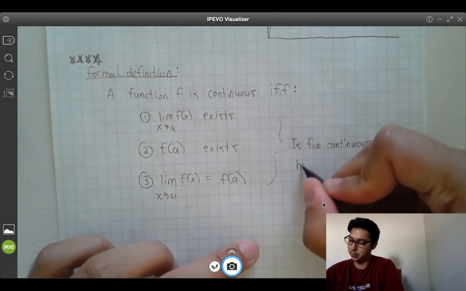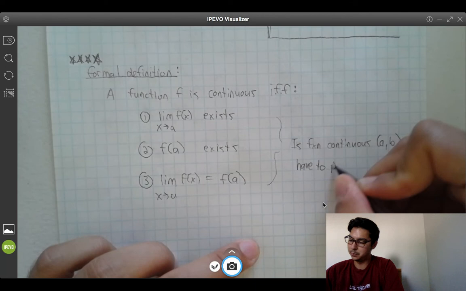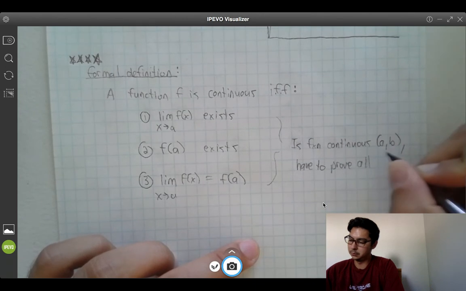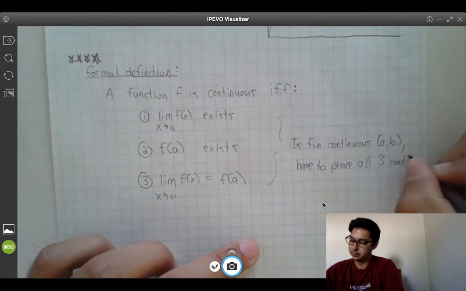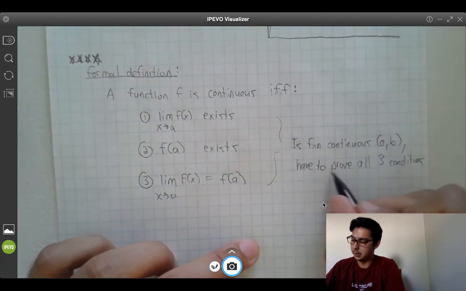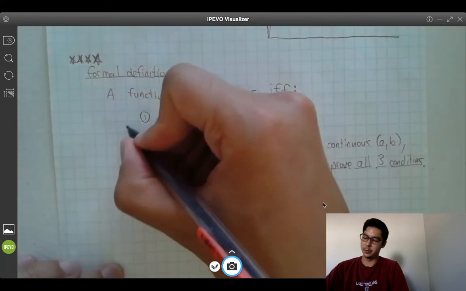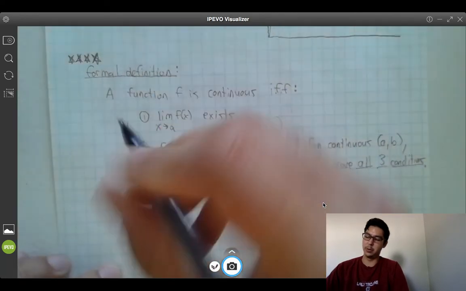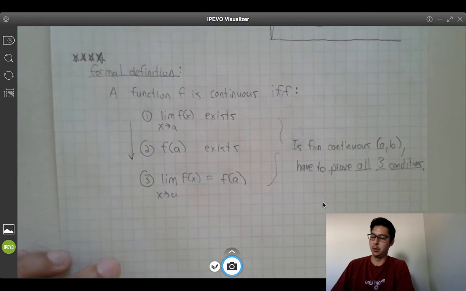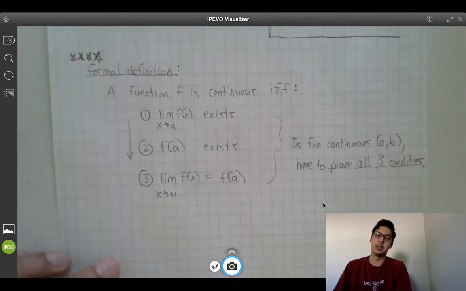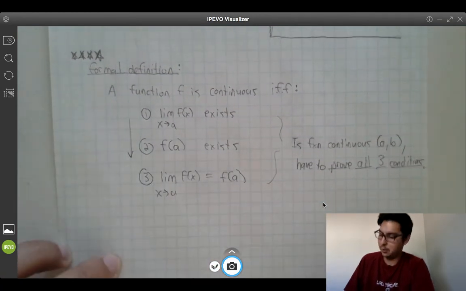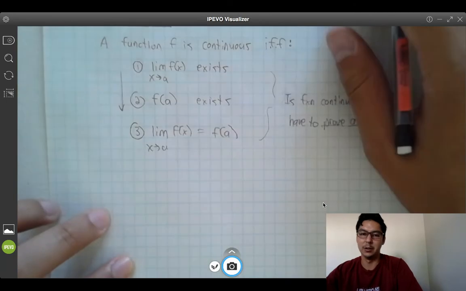You would have to prove all 3 conditions. It's not good enough to just jump to the third. It's a logical progression of 1, 2, 3, where 1 and 2 can be interchangeable, but 1 and 2 have to happen for the third to happen. And now let me go into what these mean, and this will make a little bit, hopefully, more sense to you.